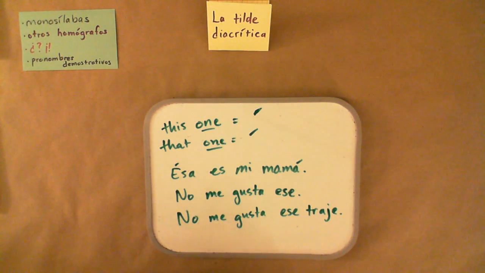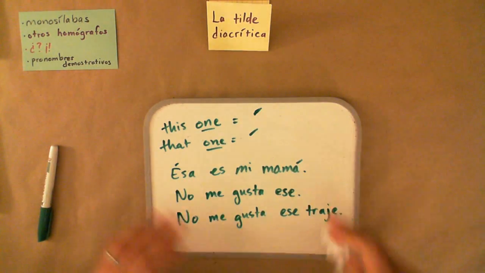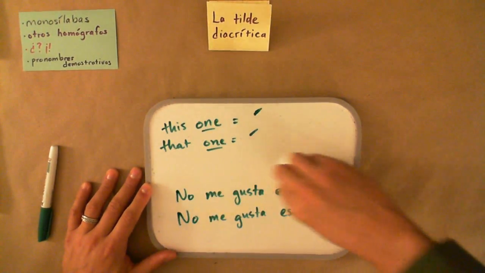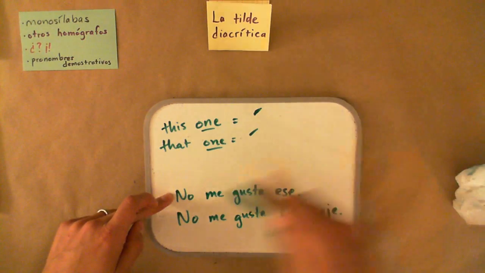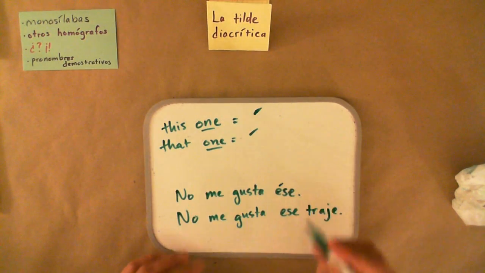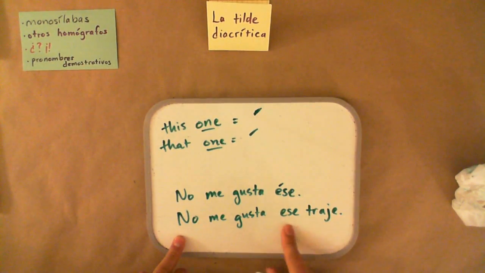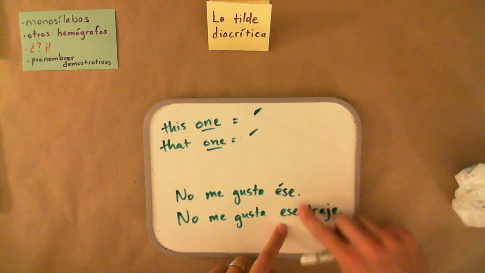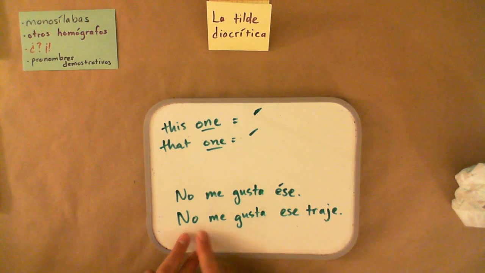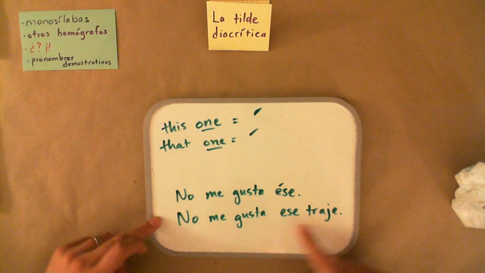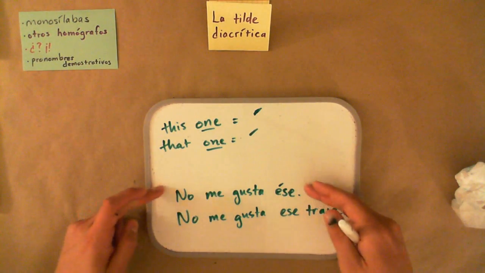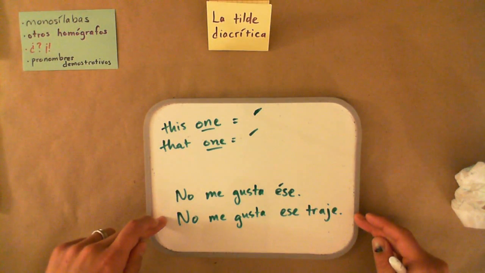So, no me gusta ése means I don't like that one. So you would have to put an accent mark on it here. No me gusta ese traje does not need an accent mark because it means that. I don't like that dress. I don't like that one. No me gusta ése. No me gusta ese traje.